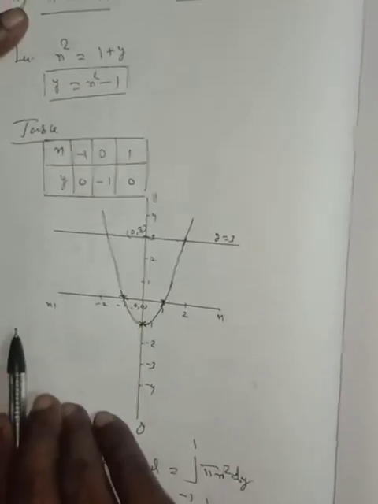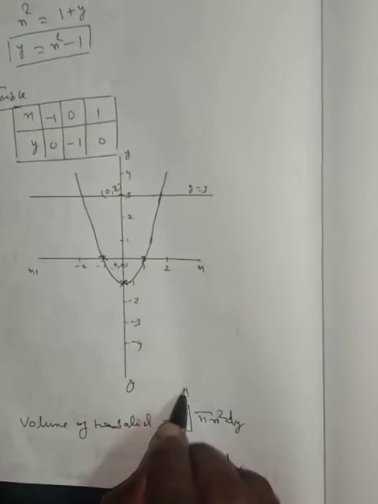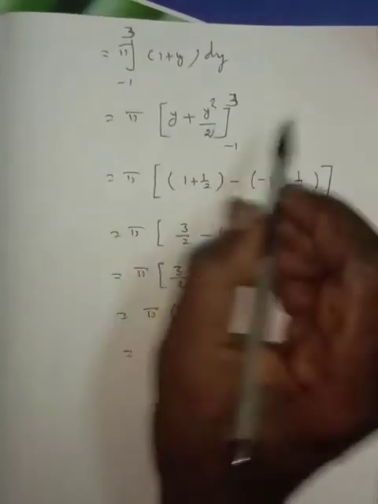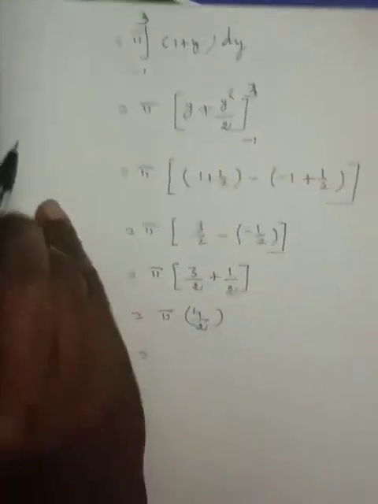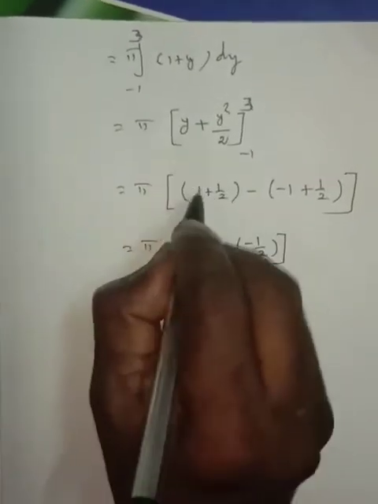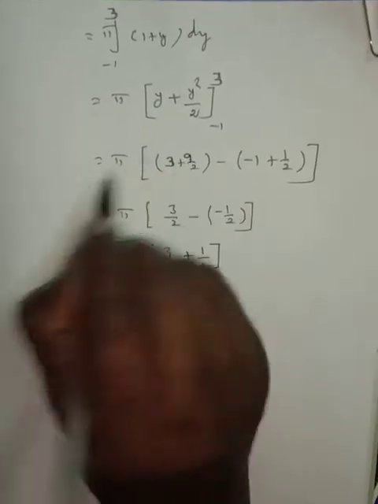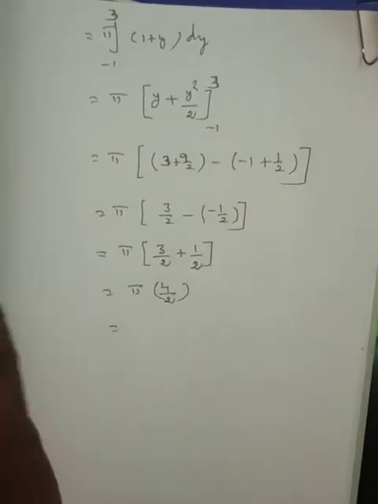The y axis limit is minus 1 to positive 3. Here, minus 1 to positive 3. Now apply positive 3: 3 square by 2 is 9 by 2. Apply the lower limit, we get this.